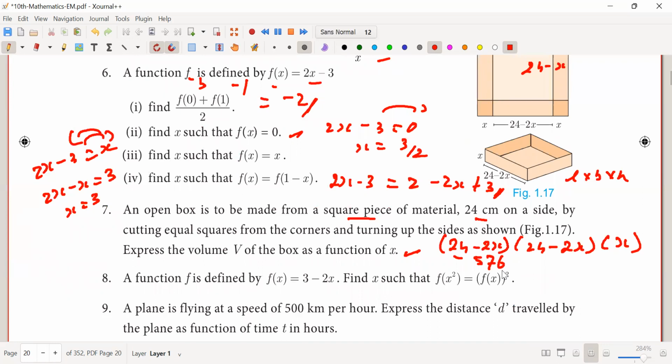You have to know at least till 25 square. 576 plus b square, minus 2x whole square, plus 4x square. Next, 2ab: minus 2 into 2 is 4, 4 into 24 is 96x. Into x, so 576x plus 4x cube minus 96x squared would be the answer.